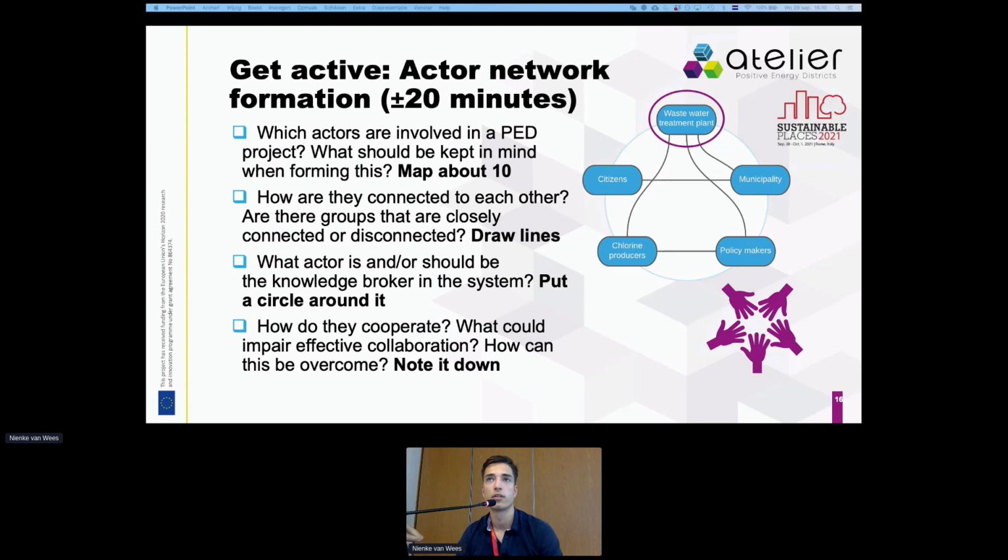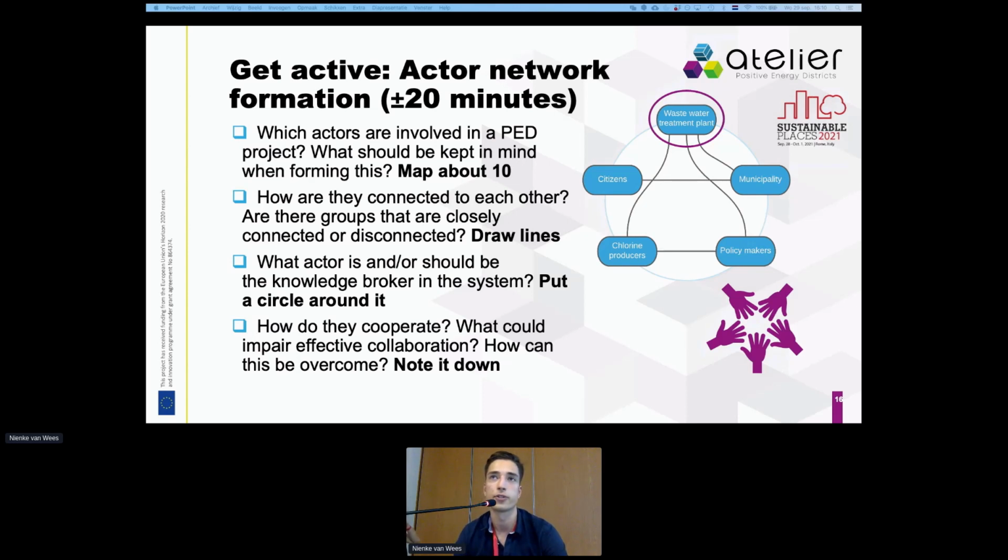Yeah, good question. I'll just repeat the question for the people online as well. Somebody from the audience asked, well, within one actor there can be different actors. The example was that within the municipality there can be 3 very important departments, which should be in the actor network. I think it's up to you.